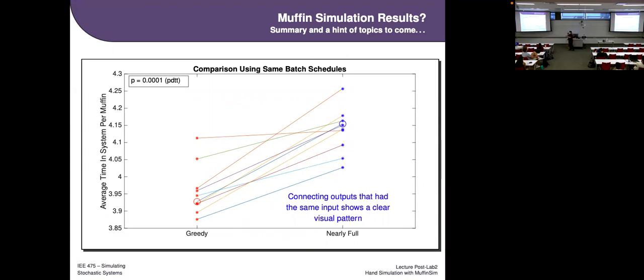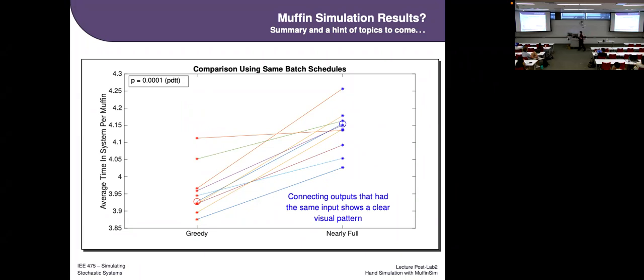So in every muffin schedule, nearly full was slower than greedy. It is true that there are some muffin schedules where greedy with one schedule is slower than nearly full with another schedule. But if I use the same schedule on both greedy and nearly full, on all 10 schedules that I gave you, for every schedule, greedy was faster than nearly full. Does that make sense? The value of pairing things up.